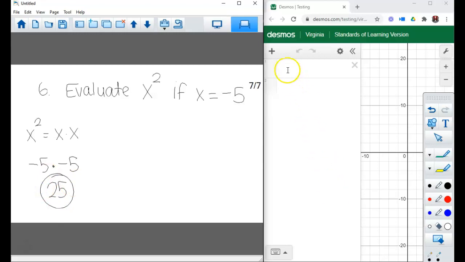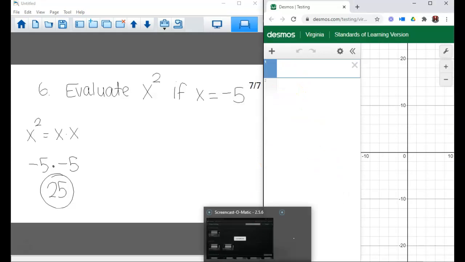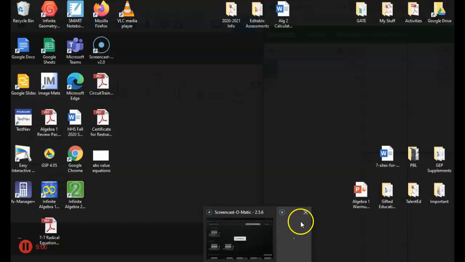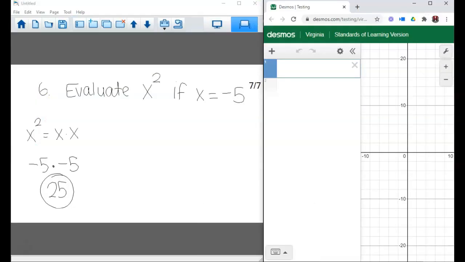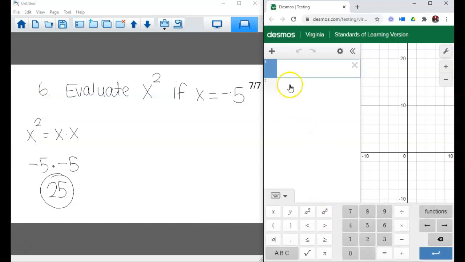I want to show you something on this calculator you're going to be using. And it was this way on the calculator you used last year as well. So if I type in here a negative 5, and then I come right here and I hit this a squared button, you'll notice the calculator gives me the wrong answer. It gives me negative 25, and I know I want positive 25.